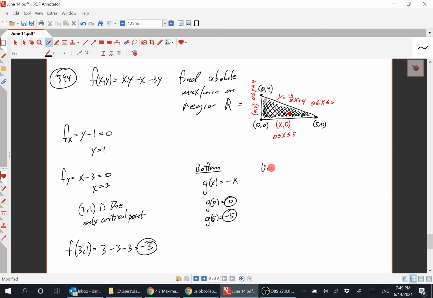So along the vertical side, x is 0, so you just get g of y equal to minus 3y. Again, you just have to check the boundaries from 0 to 4. You don't have to check g of 0 in this one because that corresponds to that point. You've already checked it right here. So we just have to check g of 4. So that's minus 12.